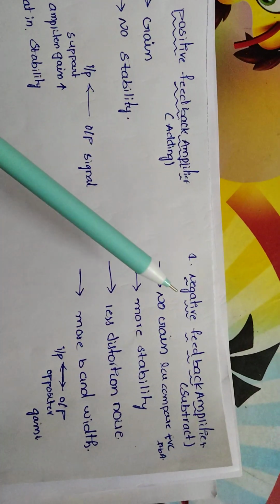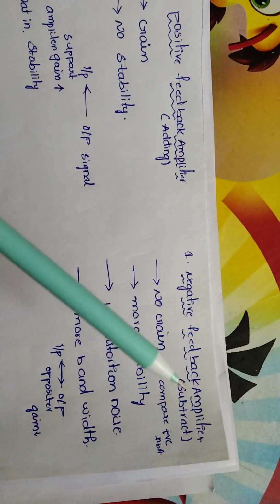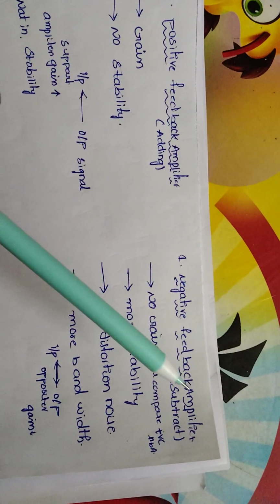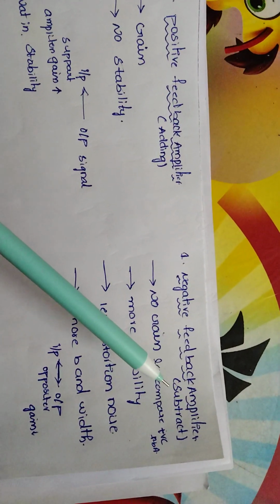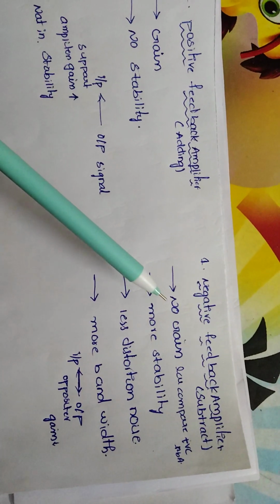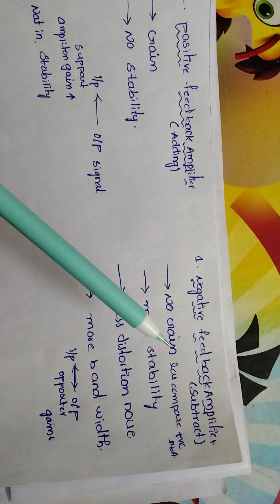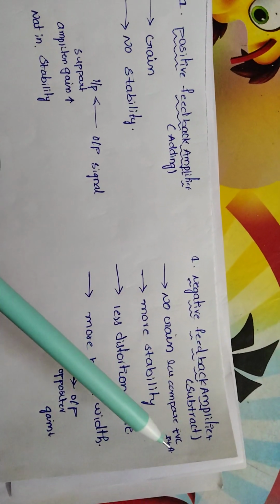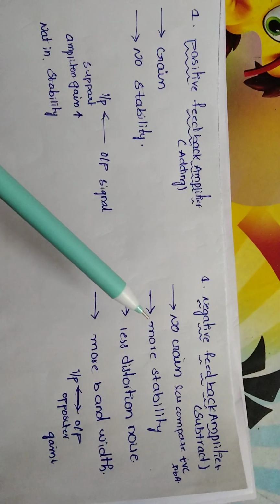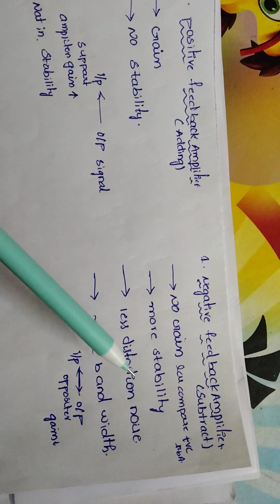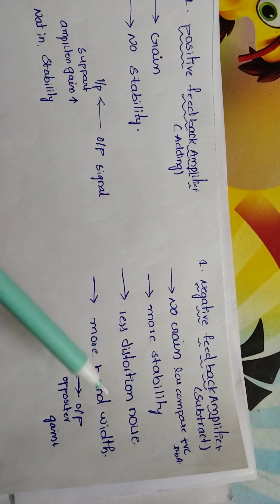Now we go to the negative feedback amplifier. The output signal is fed back to the input signal and subtracted, so the gain is less compared to the positive feedback amplifier. We have more stability, less distortion and noise, and more bandwidth.